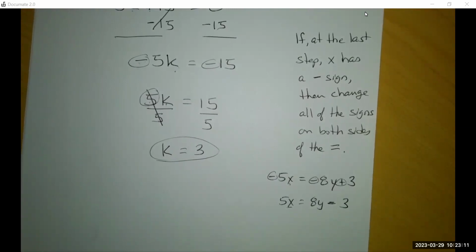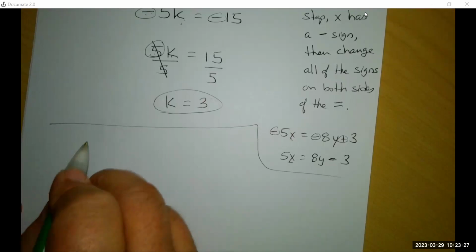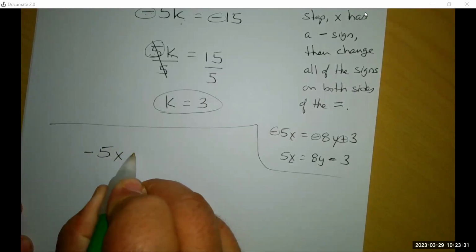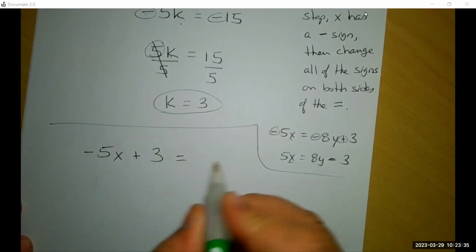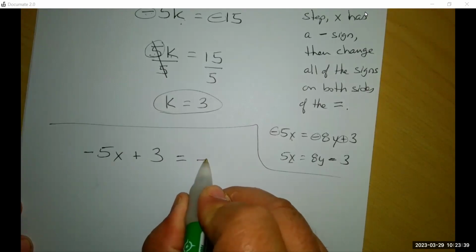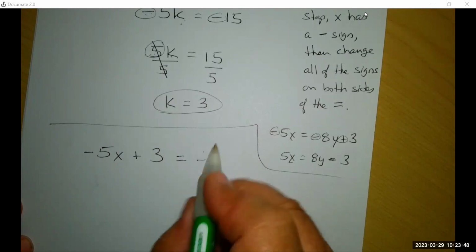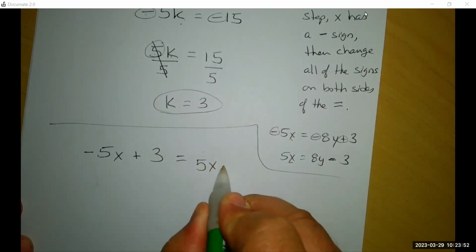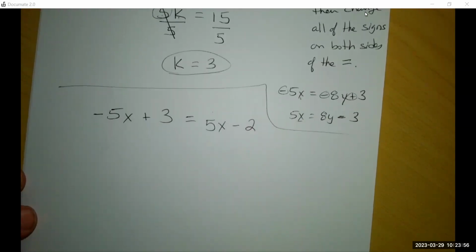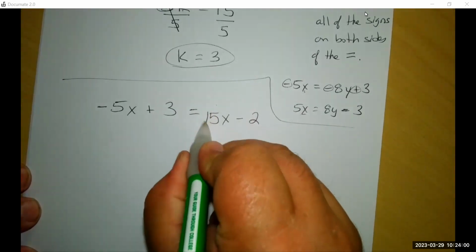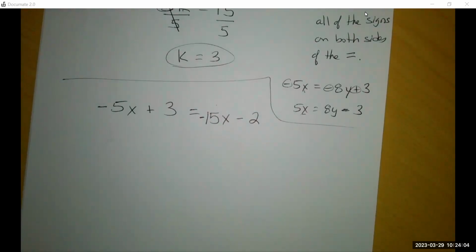It's the same answer we just got earlier. Negative 5x plus 3 equals negative 15x minus 2.